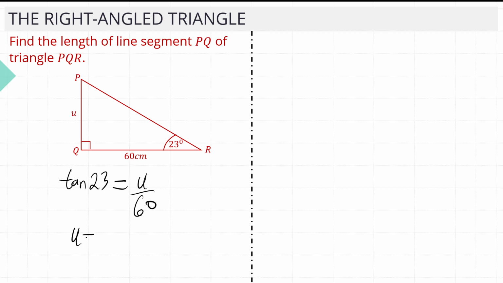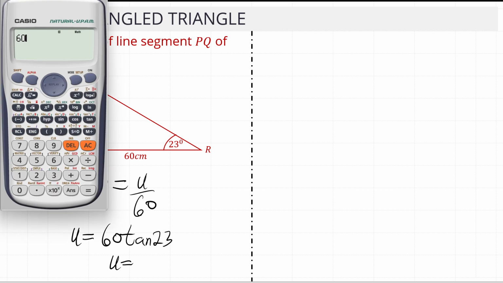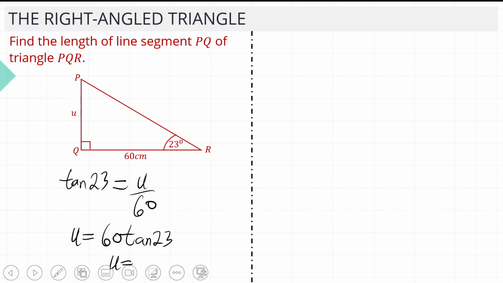When we cross multiply, we have U equals 60 times tan 23, and that gives 25.5 centimeters. So that is solving for the line segment PQ.